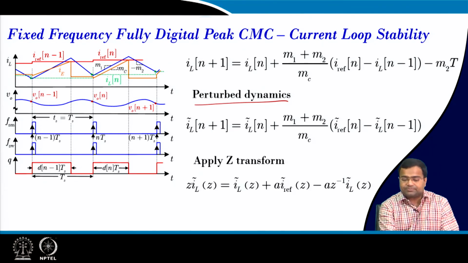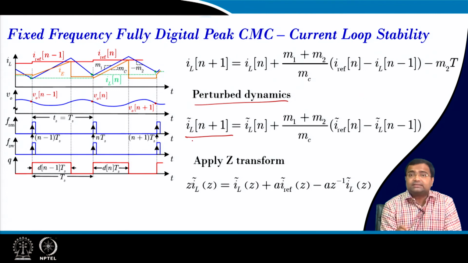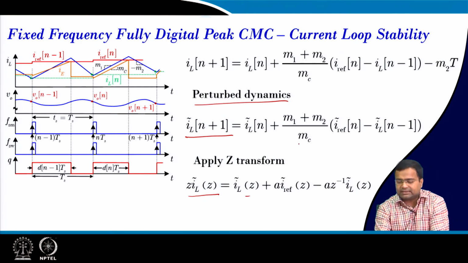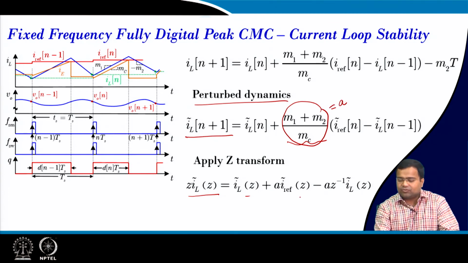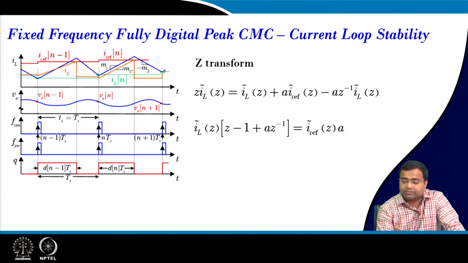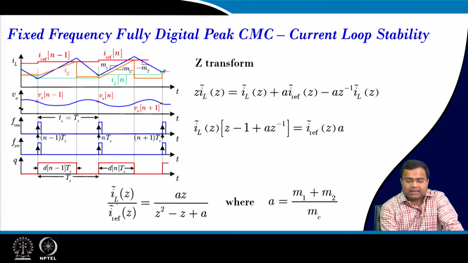If we apply Z transform here, then since there is an initial condition for this term, if we straight away apply the perturbation, it will be Z into IL Z, then IL Z, with this whole term taken equal to A, and then A into I ref Z minus A Z inverse of IL Z. Then if you rearrange this equation, you will get IL Z by I ref Z equal to this.